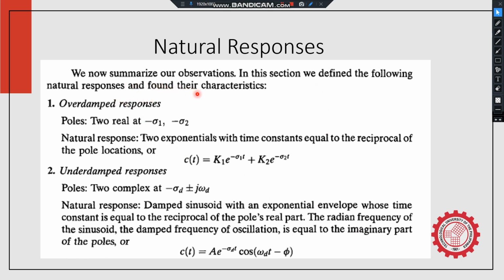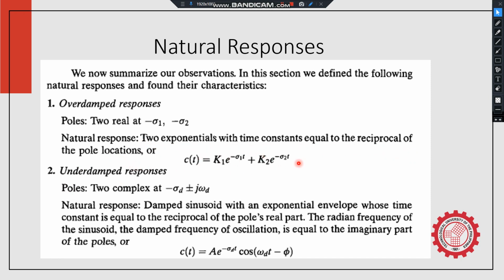Okay. So here is the summary of the observation and description of the four types of natural responses of the second order. So the first one is the overdamped. As you have noticed earlier, it has two real poles of different values. So the natural response is two exponentials with time constant equal to the reciprocal of the pole locations.